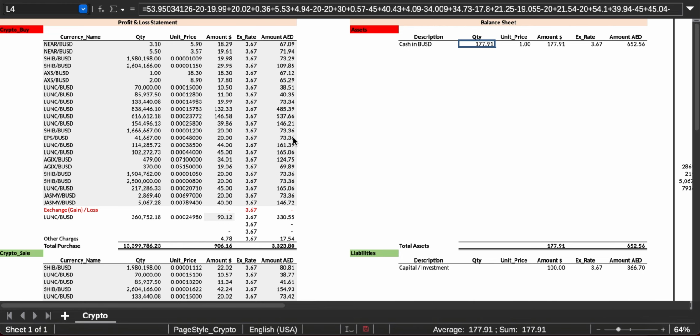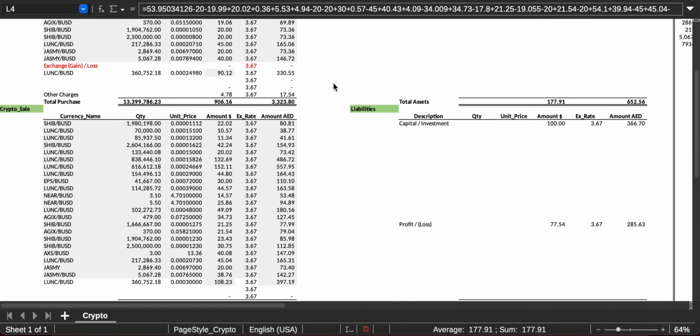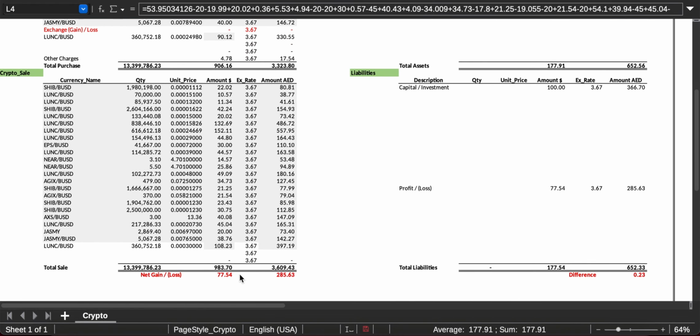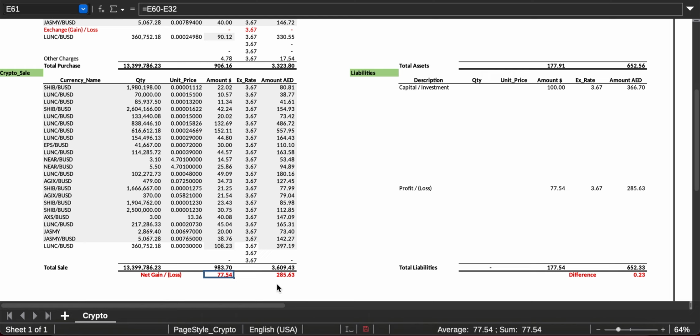But see, here you can see 77.54 is our net profit after all buying and selling transactions. This 77.54 profit came in our liability side.